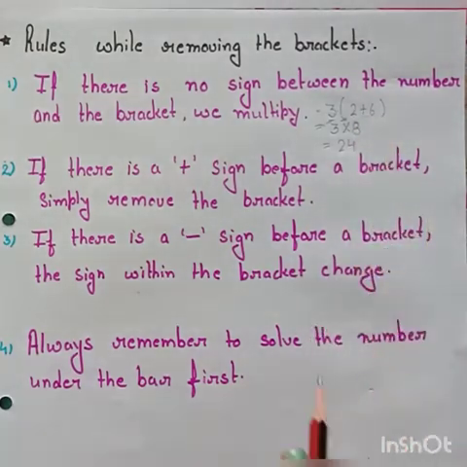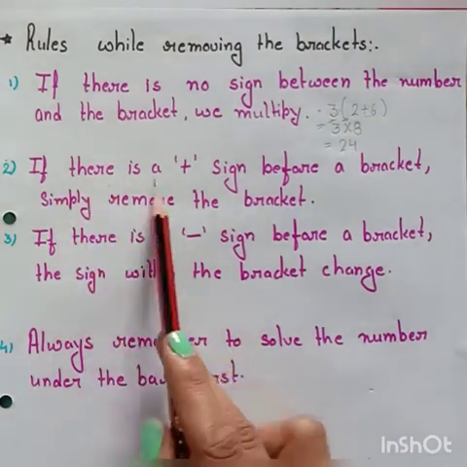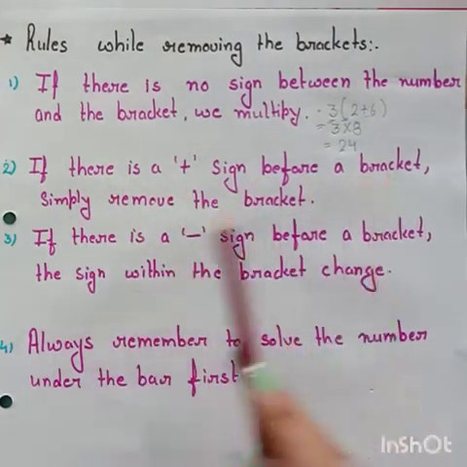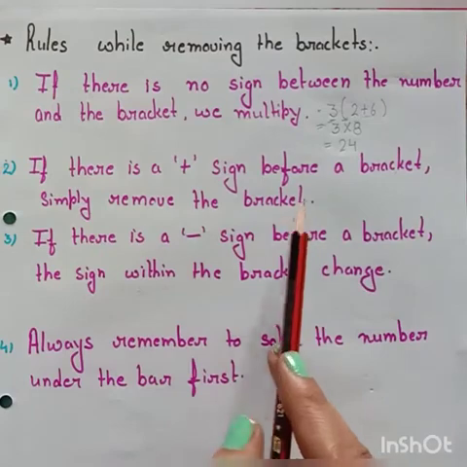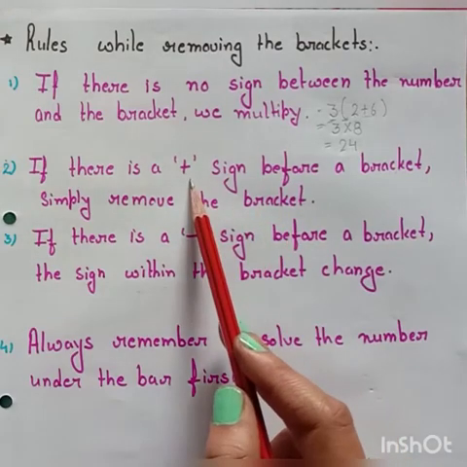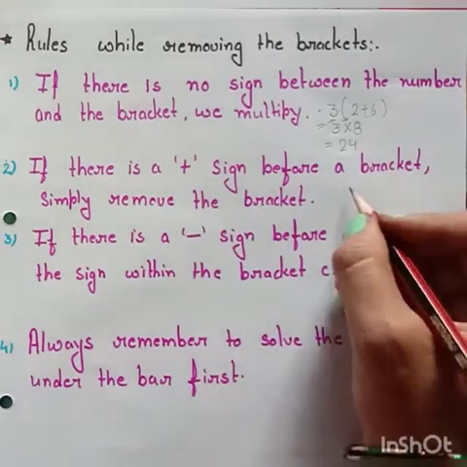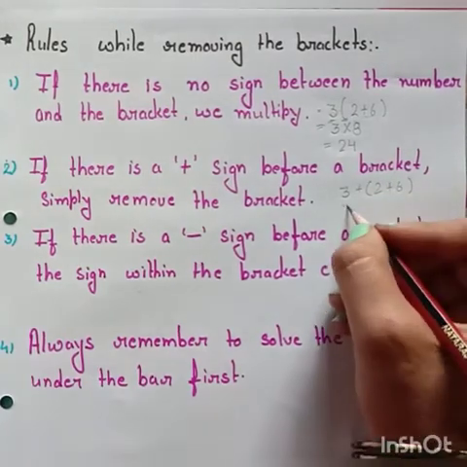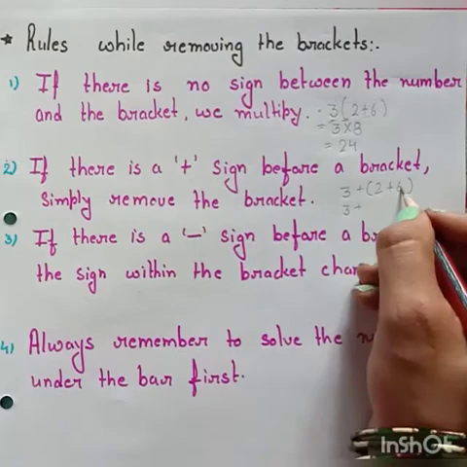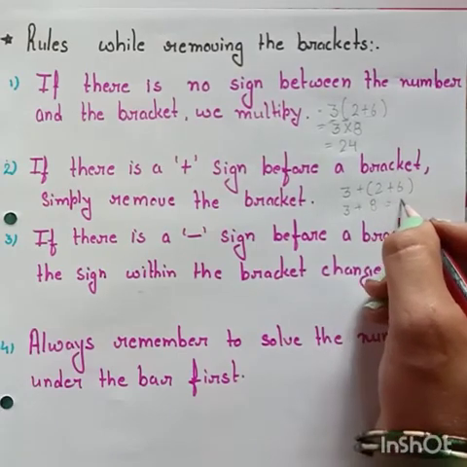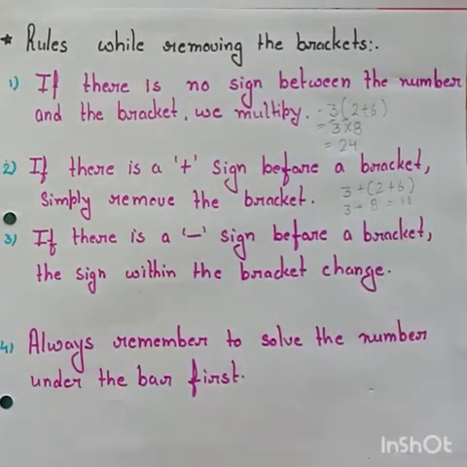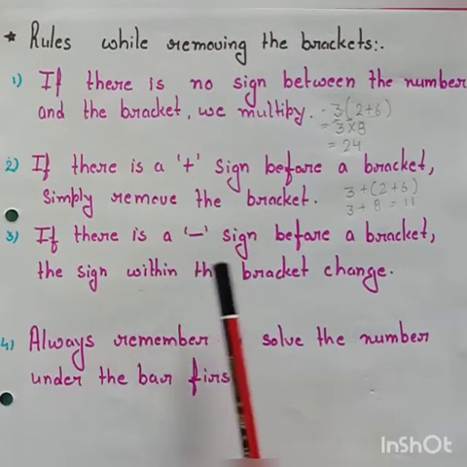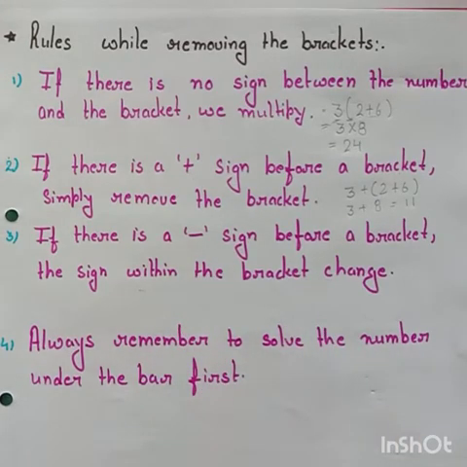Second, if there is a positive sign before a bracket, simply remove the bracket. Suppose there is a positive sign before a bracket, like 3 plus (2 plus 6). What you have to do is simply remove the bracket, and this will be 11. Third, if there is a negative sign before a bracket, the sign within the bracket changes.